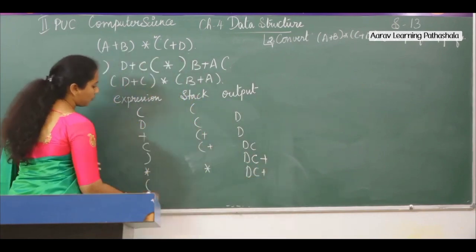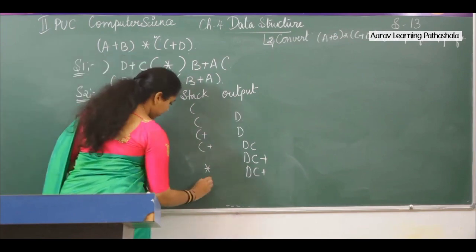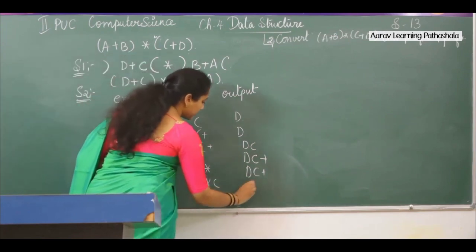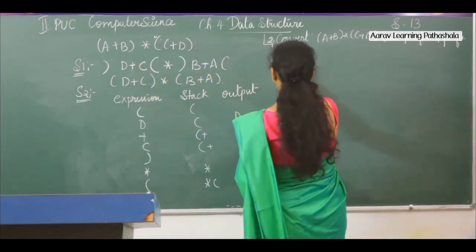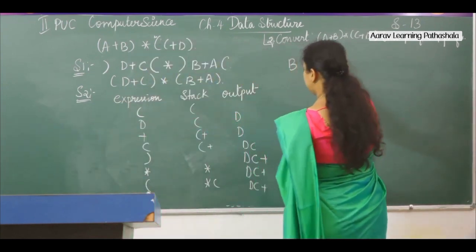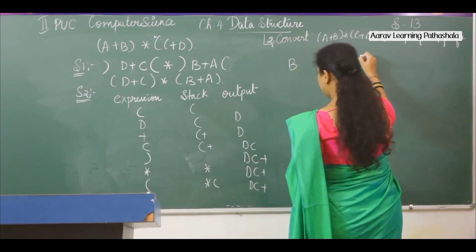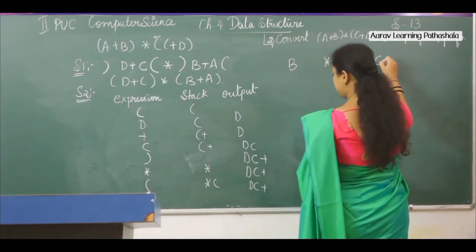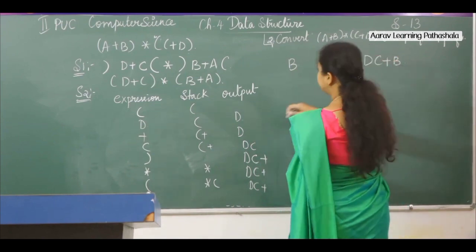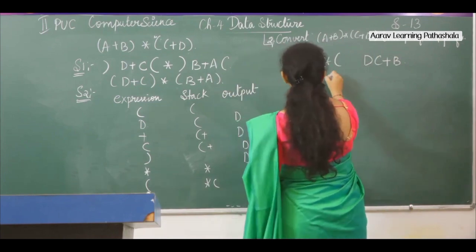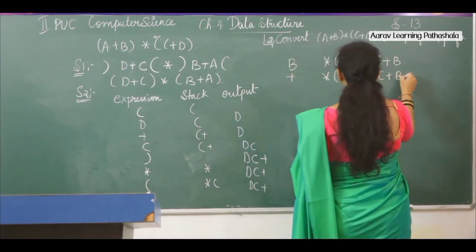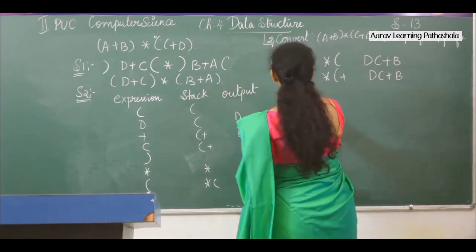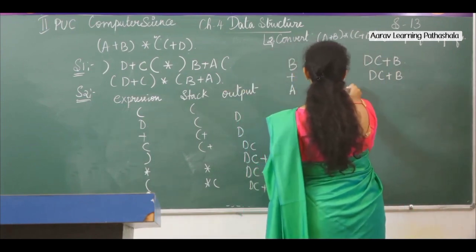Next, opening parenthesis. Push it into the stack. Next, B is an operand. Output it. Next, plus is an operator. Push it into the stack. Next, A is an operand. Output it.